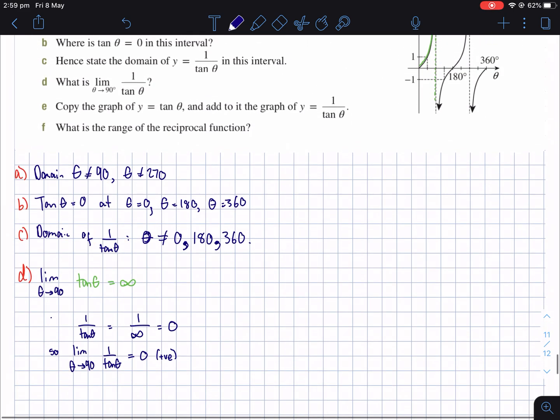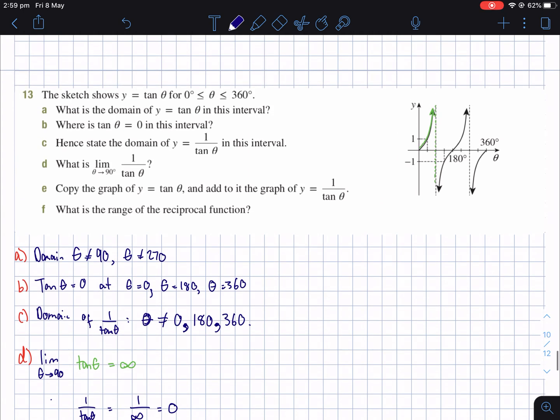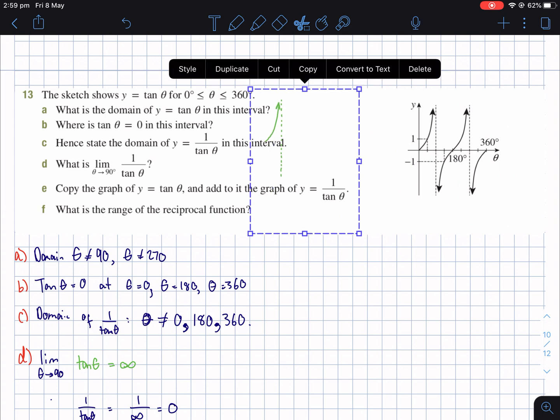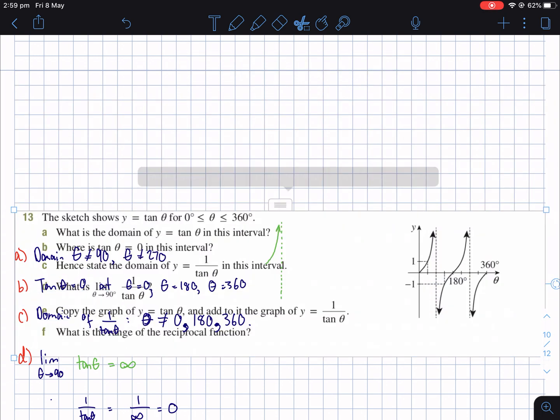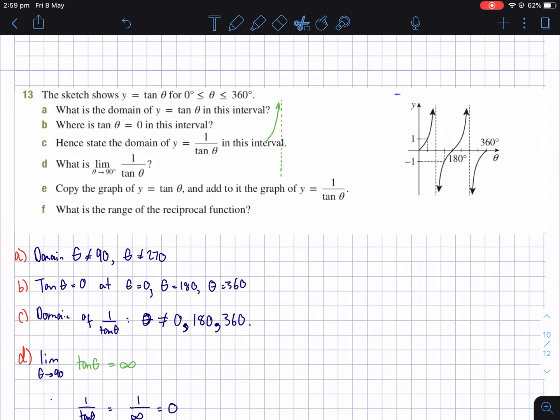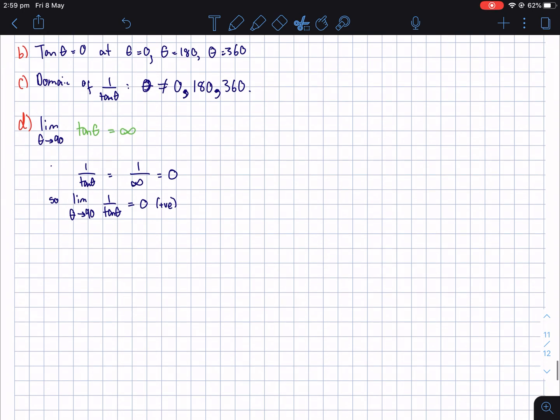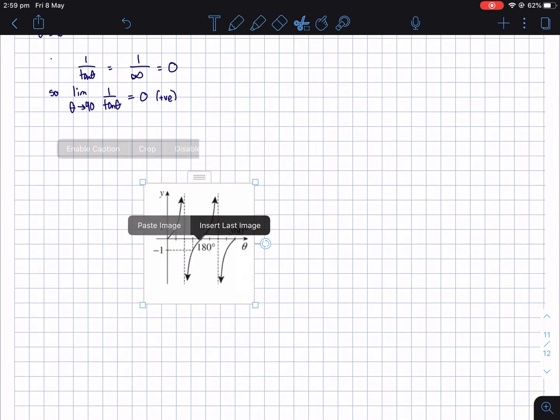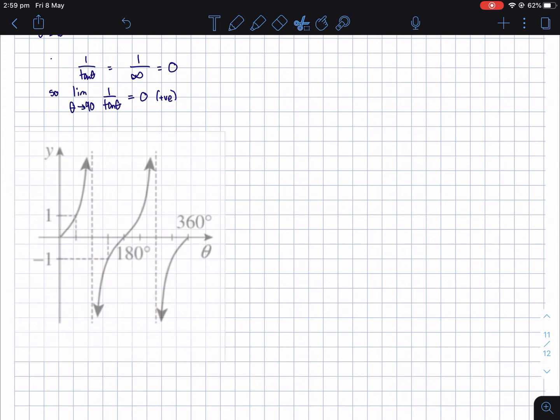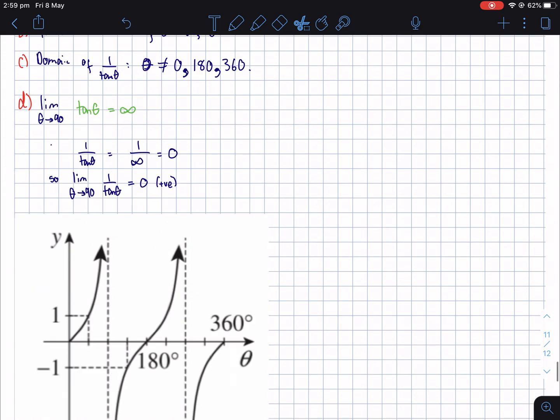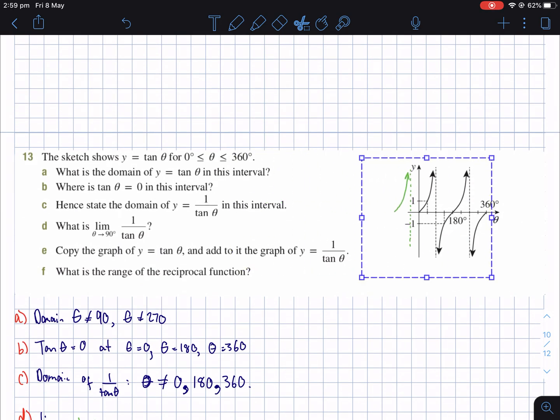Copy the graph of y equals tan theta and add to it the graph of y equals 1 on tan theta. So we're going to need this big. Let me put this green squiggle back.